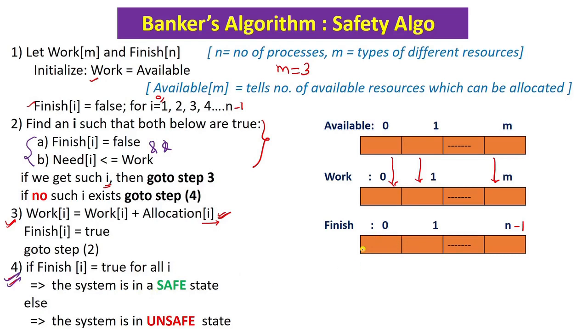But if at least one box of the finish array contains false, that means not all boxes contain true, then we come to the else and say our system is in an unsafe state. So let's quickly go to the example.